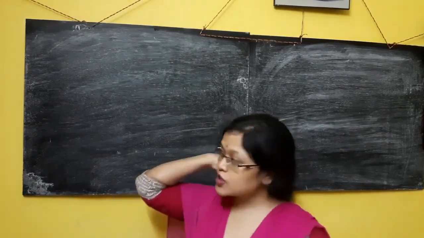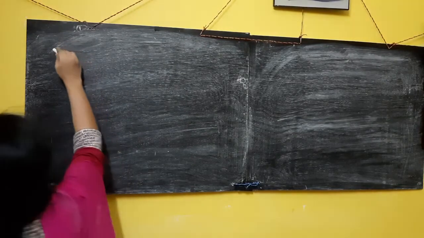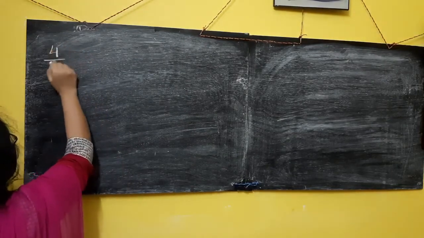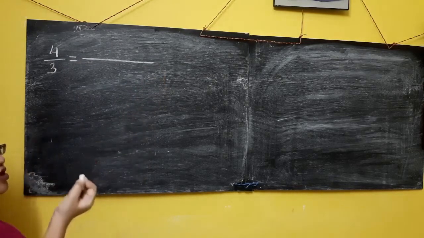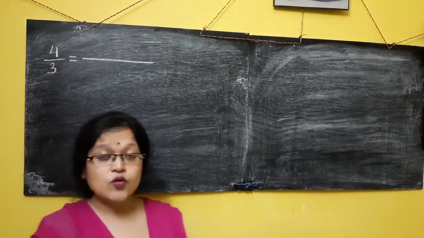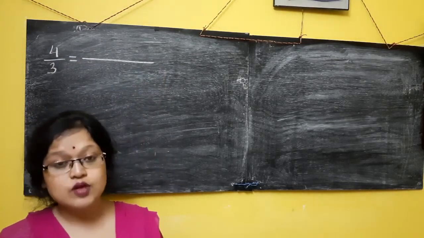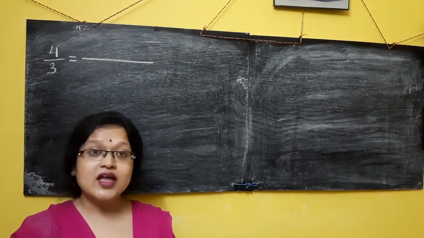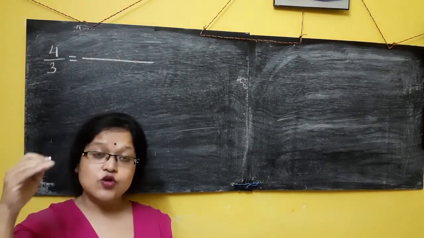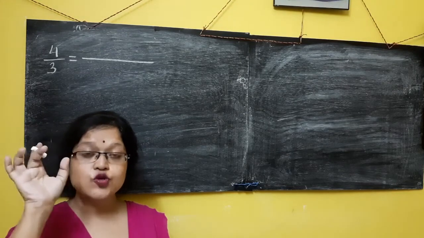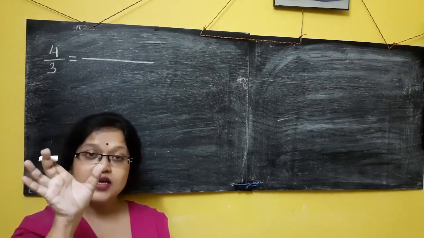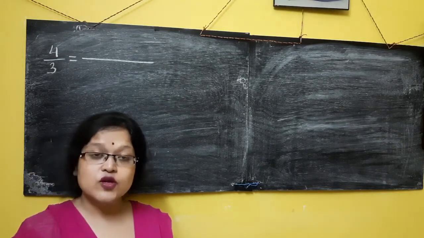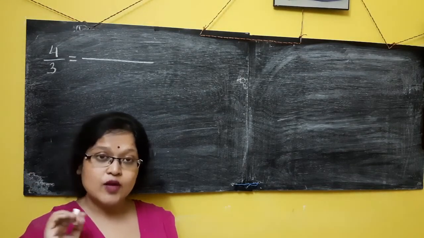So the refractive index of water is given, how much? 4 by 3. Now we know the refractive index of water with respect to air. Whenever we are calculating the refractive index of a medium, in the numerator I need to put the speed of light in air, with respect to the speed of light in that medium.